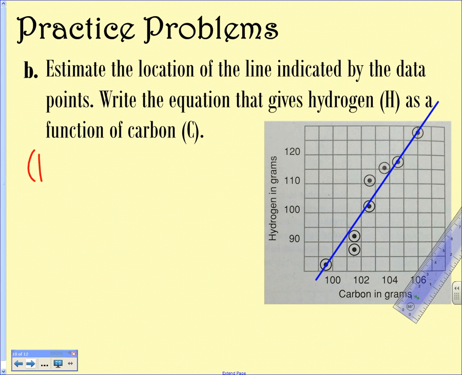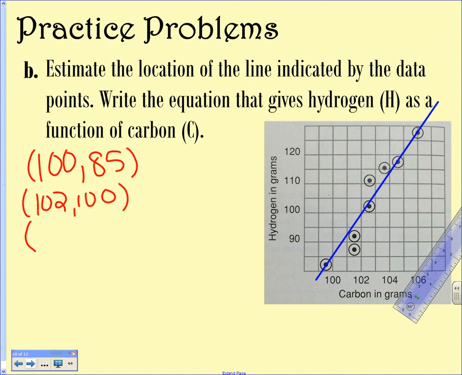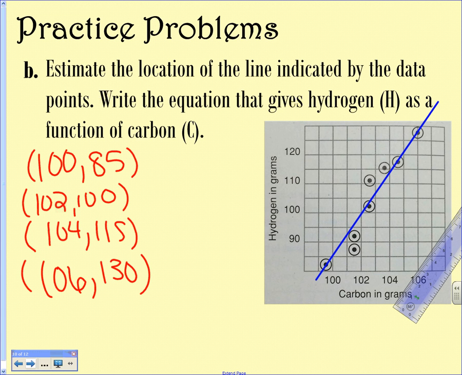Everybody pick this point. You could also pick 4, 4. Did y'all get that slope?